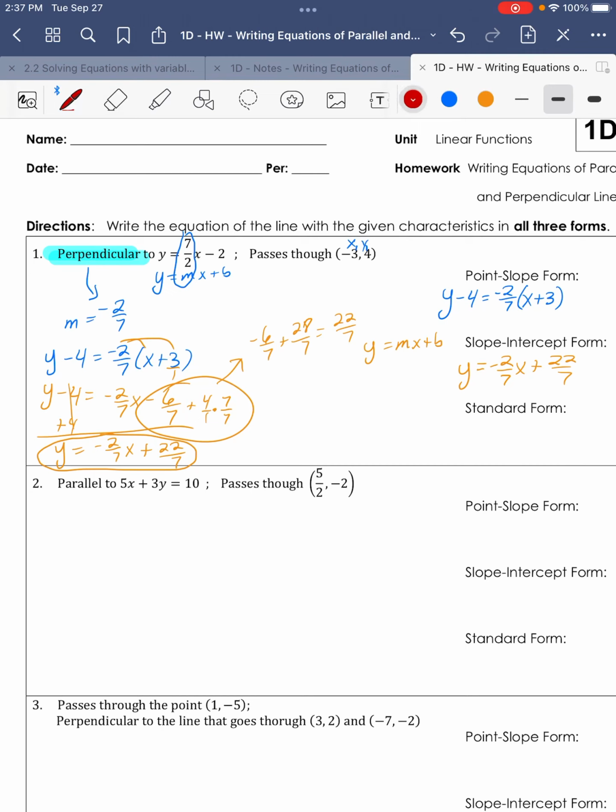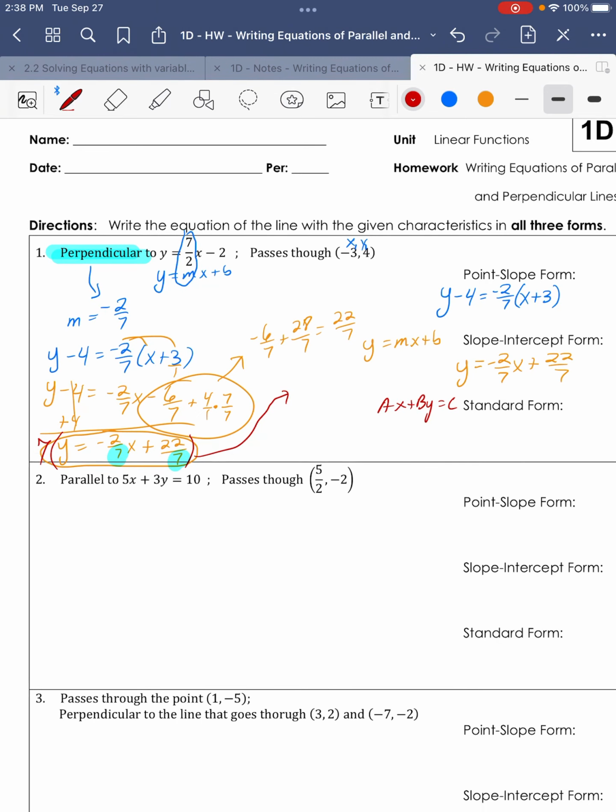Now standard form. Let's get this to standard form. To standard form, you have to have ax plus by equals c. So we need the x and y terms on the same side, and a, b, and c are always integers, no decimals. So I need to multiply by the denominator. Look at the denominator, and if we multiply by the denominators, in this case it would be the least common multiple, but in this case it's the denominator 7.